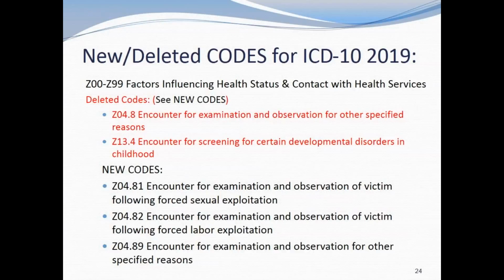And of course, down here at the bottom, you have the new codes, Z04.81 and Z04.82. So it gets a little bit more specific. It's usually what it does. And then we also have Z04.89. Again, this one is for other specified reasons. So that's one of those generic, but not quite, types of things.